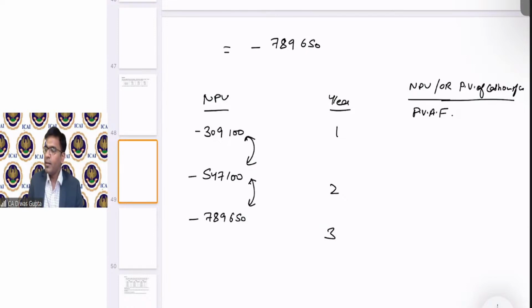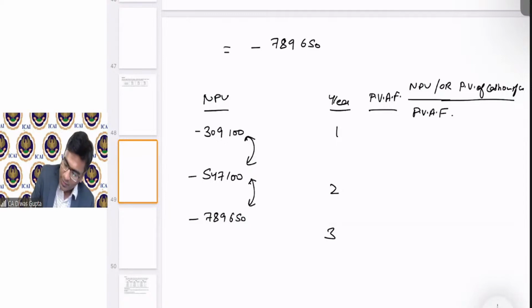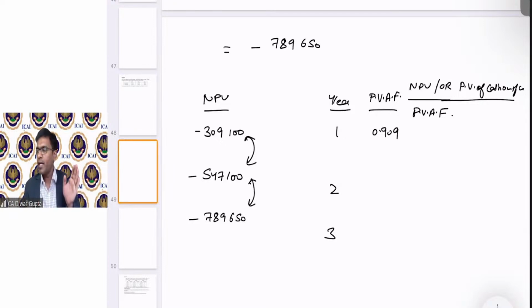Now, what will be the present value annuity factors for, let's say, year one, PVAF, that I think all of us know, right? 1 divided by 1.10, which is 0.909. Then for the second year, it will be for year one and year two put together, which is 0.909 plus 0.826, which is 1.735.